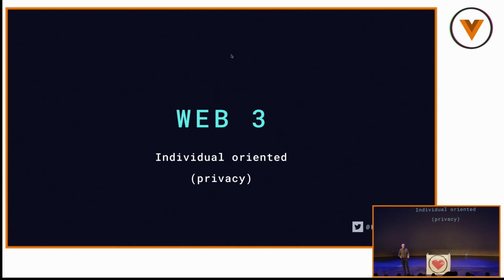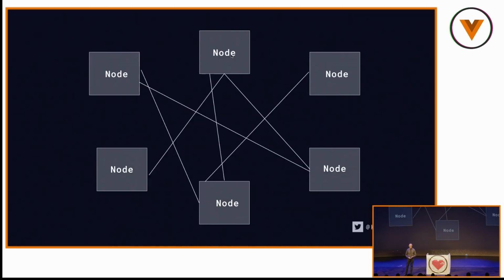Web3, in general, is individual-oriented. It's not about centralization, but decentralization. The nodes, the clients, connect to each other. So you don't need the server approach. You don't need this solution. You could connect between the nodes and between the clients. There are a lot of possibilities to do this.